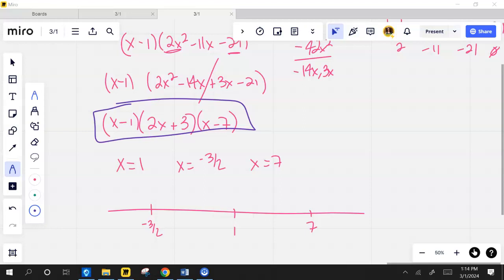Negative 4 minus 1, is that positive or negative? Negative. Negative 4 times 2 plus 3, positive or negative? That's negative 8 plus 3, which gives me a negative. Negative 4 minus 7 is another negative. What happens when you multiply 3 negatives together? It's a negative.